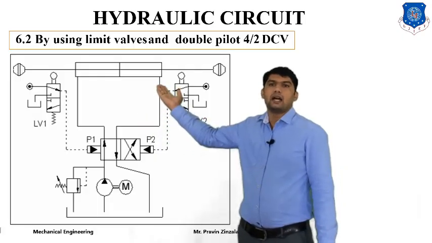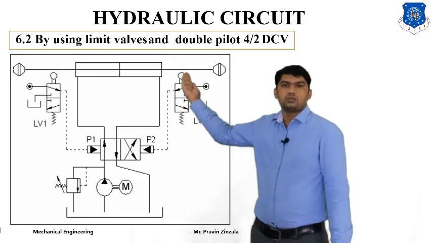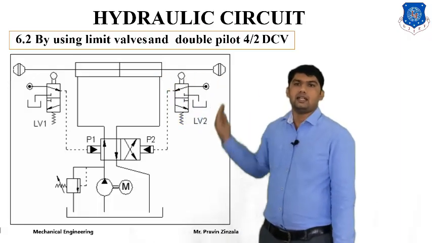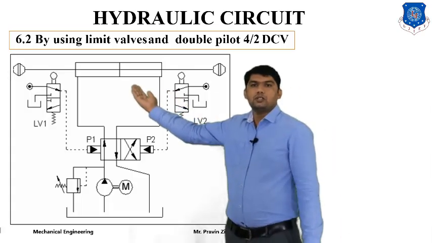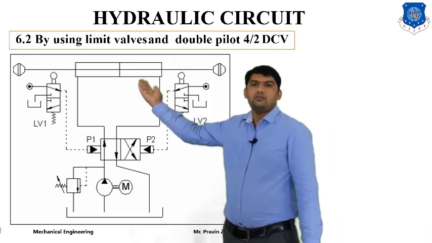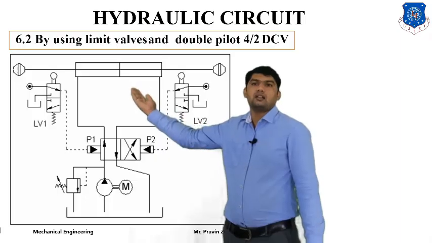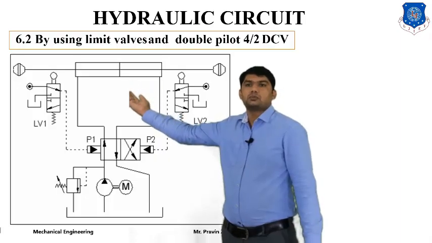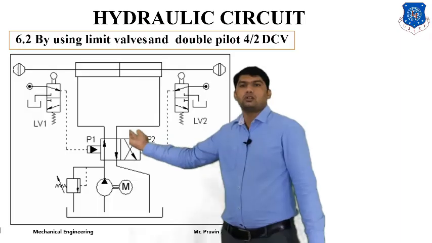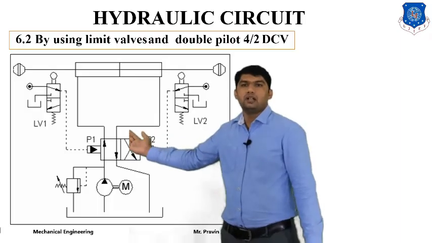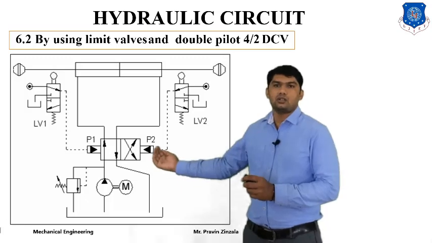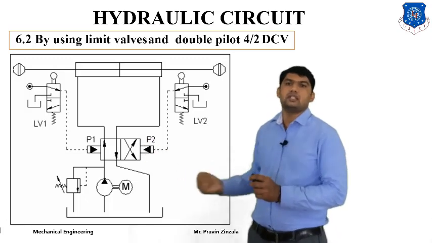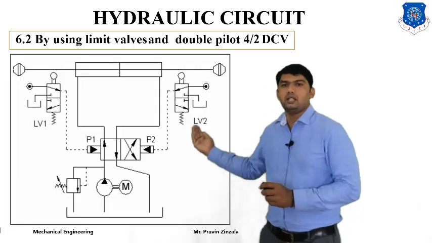Whenever it is supplied, the cylinder will start to extend, and at the end, what happens? The left hand side spool will be touched and it will operate limiting valve 1, and fluid will pass from the 5x2 direction control valve to P1, and P1 applies force to our direction control valve, and the direction control valve will change position and it will be in cross position.